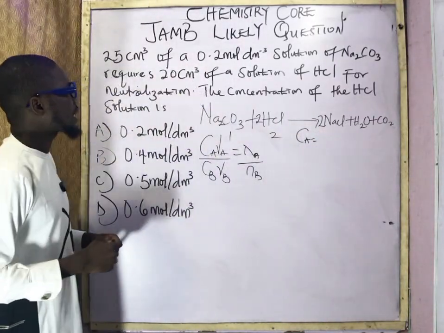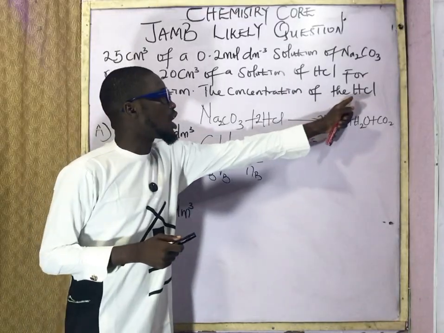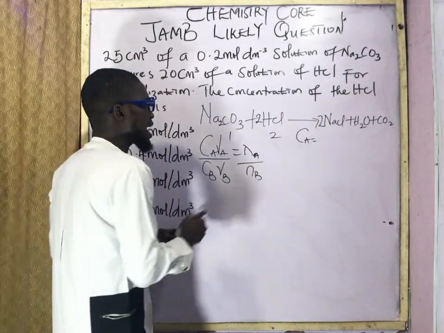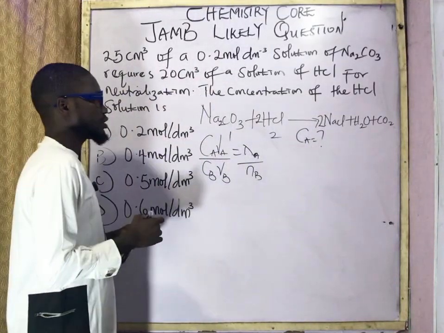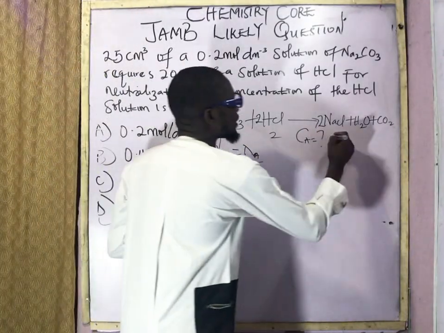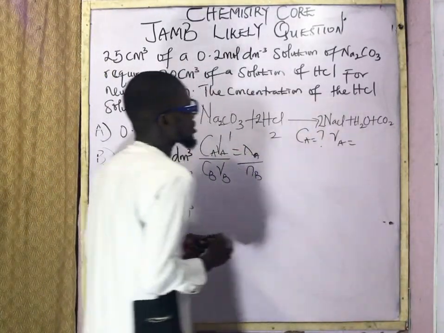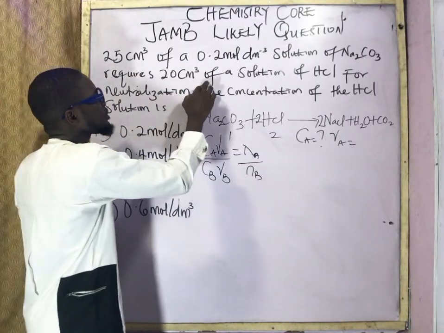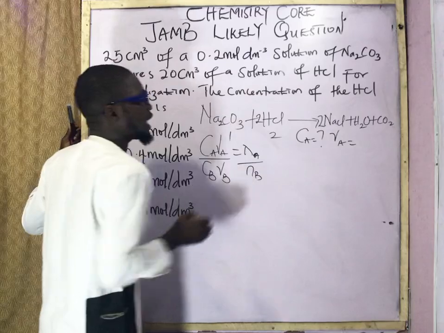If you look at the question clearly, the concentration of HCl, which is the acid, is not given. Well, the volume of the acid Va is what? Let's go back to the question. They said it requires 20 cm³ of a solution of HCl.